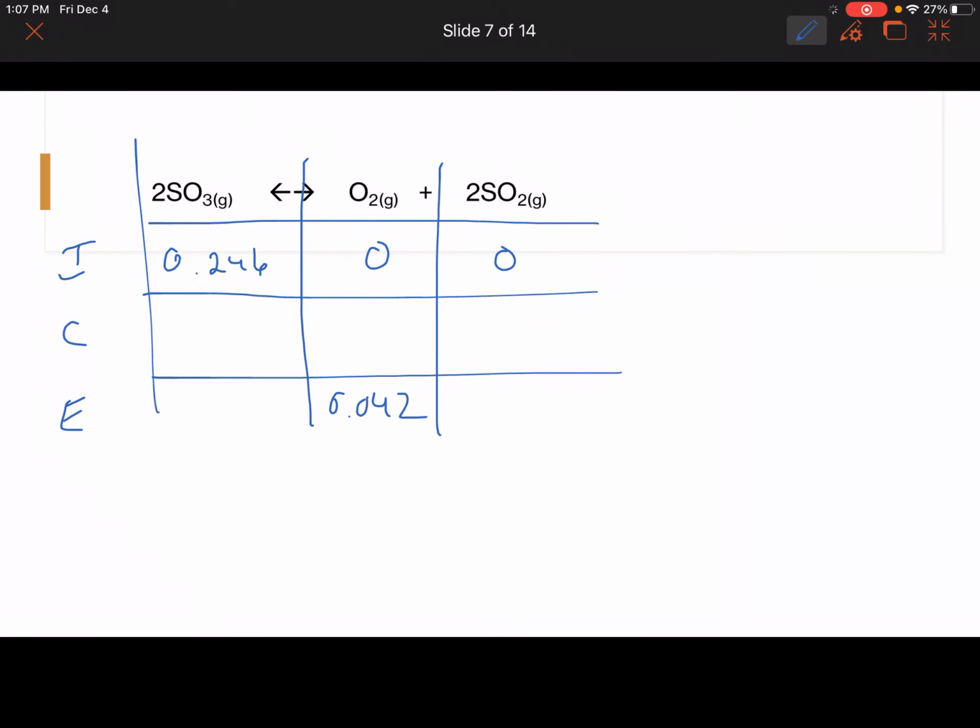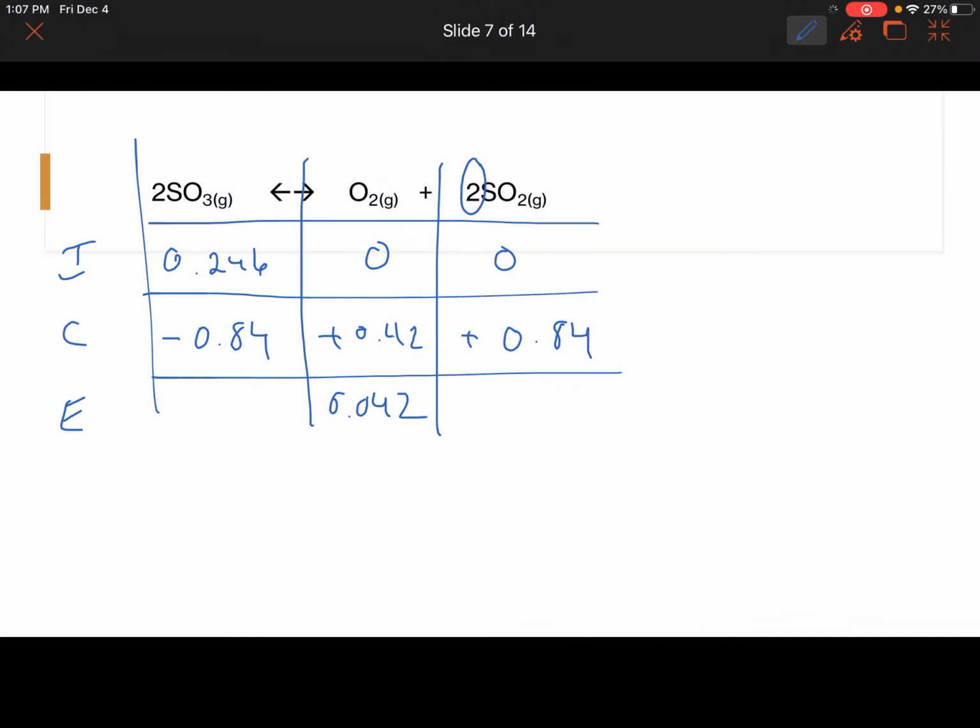So that tells me that the change here was 0.042. Now I'm going to follow the mole ratio here. So for the SO2, I have to take into consideration this 2. So I multiplied that by 2. And the same I have to do for the SO3, except this is a subtraction because this is being consumed.